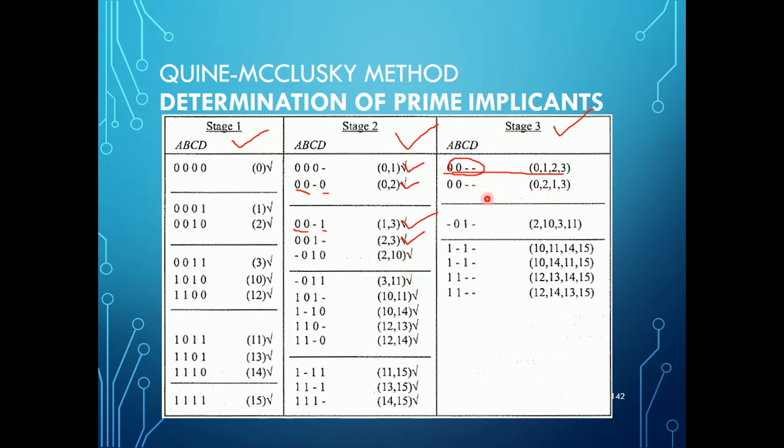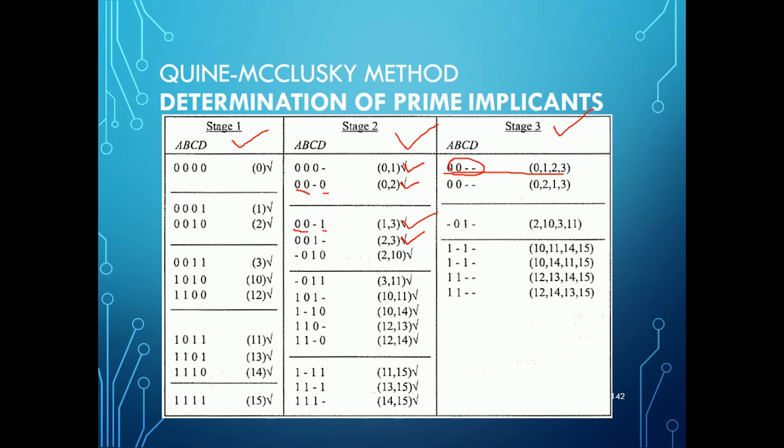You can see that this 0 0 whatever you have written here is a group of zeros. No single term of 1 you have in this group 0. The next group has a single 1, and the next group has double 1. So let us try to see the next group possible.